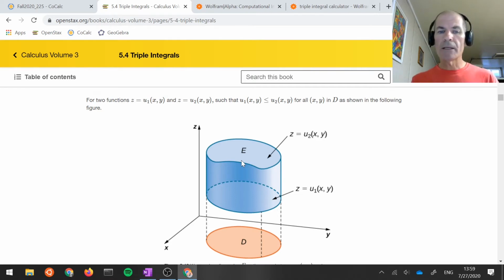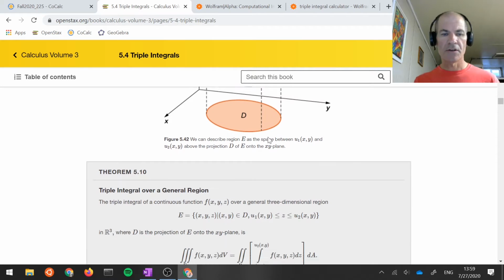A little bit more complicated. However, if you just follow the process of first figuring out what the order of integration is, and then figuring out from the inside out what the limits of integration are in each of the variables, you'll be fine. That said, it does require a lot of practice, so I want you to work a lot of the exercises at the end of the section.